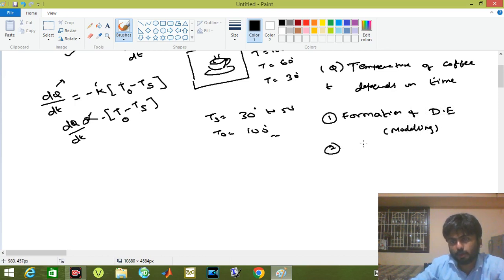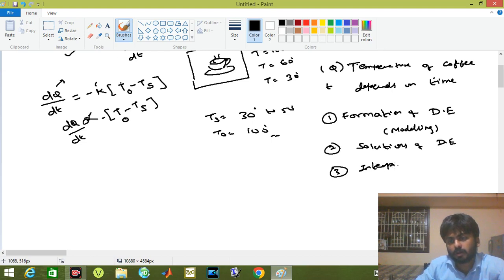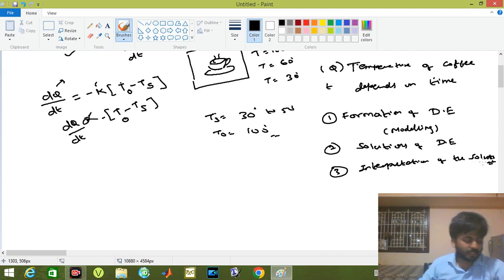Second is the solution of differential equations. Third is the interpretation of the solution. These are the three important things that paved the way for the formation of differential equations.